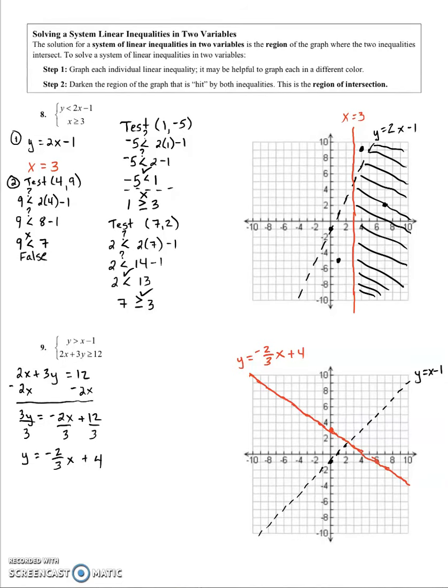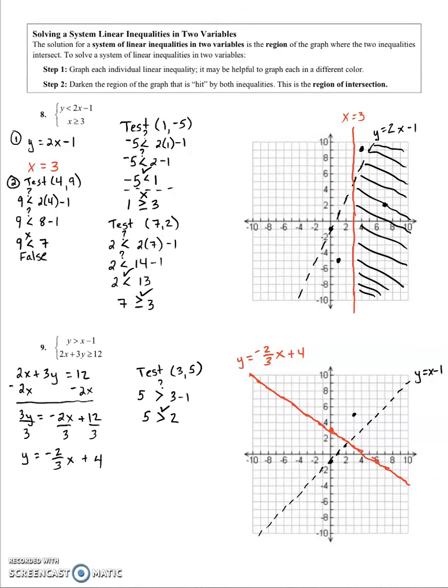Okay, now we just need to pick some test points again. So let's test the point 3, 5. Maybe we'll get lucky and this will be the right one. So test 3, 5. So that gives us 5, and we need to know if that's greater than 3 minus 1. So 5 is greater than 2. That one's true. Remember, we still have to test in the other one, though.